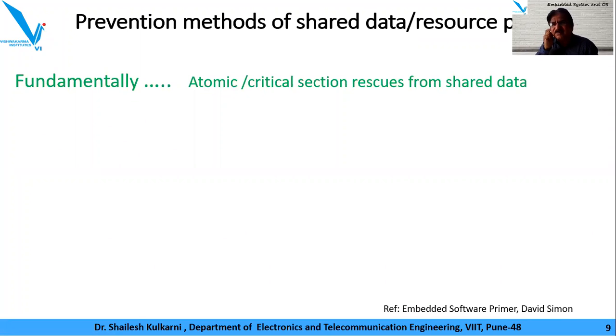That is how the word atomic is used in this literature. And if you identify a critical section, a potential threat section, where you want the entire section to be executed without interruption, then you define it as a critical section and make provisions by which critical sections will be executed without interruption. That is the only way you are trying to prevent and avoid the potential problems with shared data.